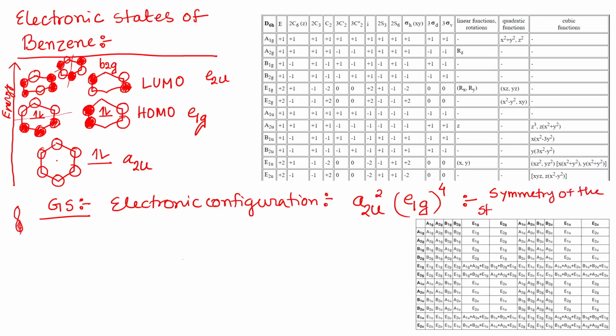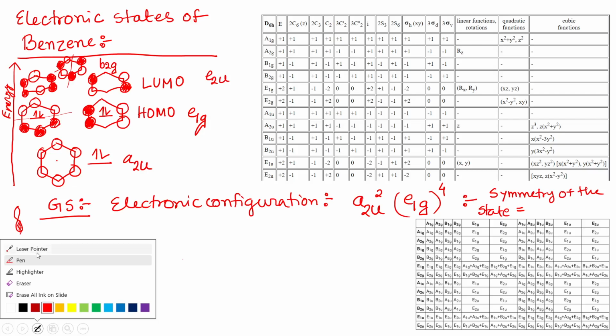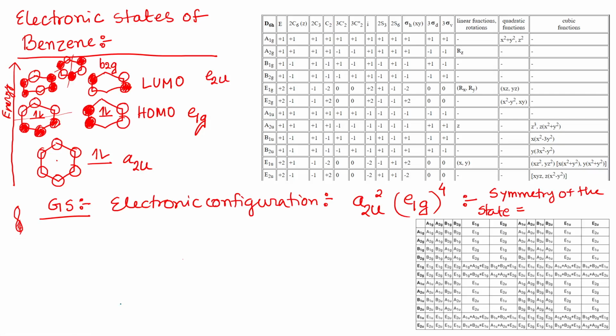It will be U into G, so the symmetry will be U. E1G is there. What I told you is that if I multiply the same orbital, I am going to get A1G, the totally symmetric representation, right? What about the excited state?